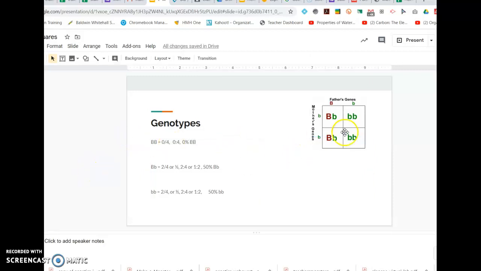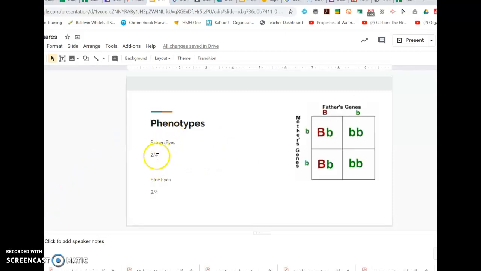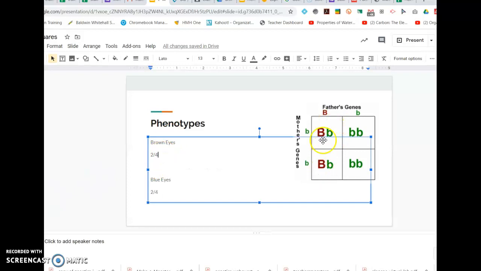Okay, so that's figuring out the data of the genotypes, and then going back to the phenotypes. 2 out of 4, or 1/2, are brown, because brown is still dominant, and then 2 out of 4 are blue eyes, or 1/2. Okay, so that's pretty easy then. 50% have brown eyes, 2 out of 4, 50% have blue eyes. Ratio-wise, it'd be 1:1 and 1:1.